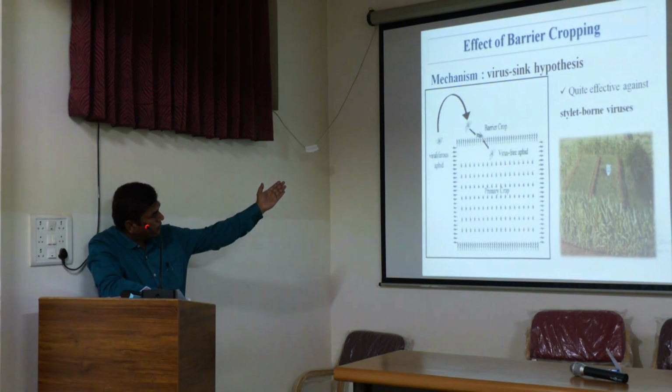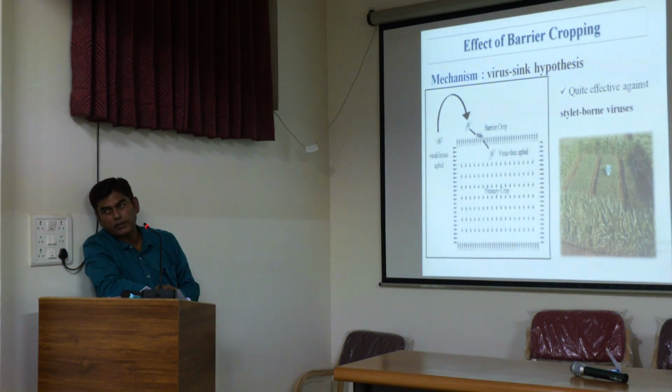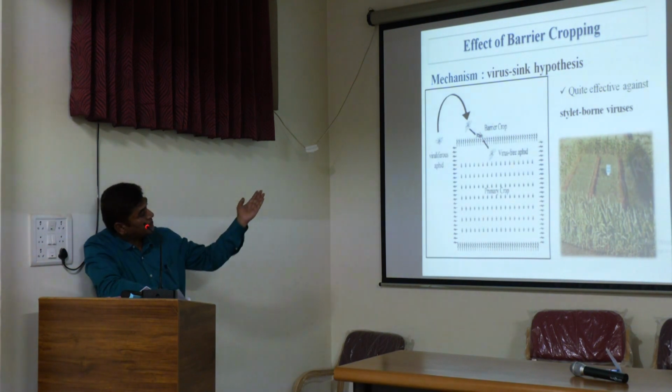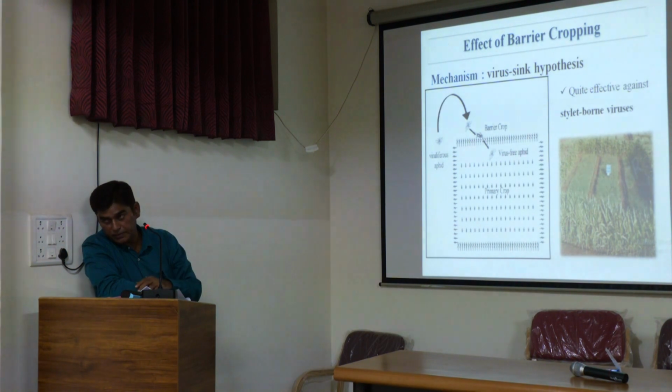After entering the barrier crop, the vector will lose its infectivity. After passing that barrier crop, it will enter as a virus-free aphid. That is the main mechanism.